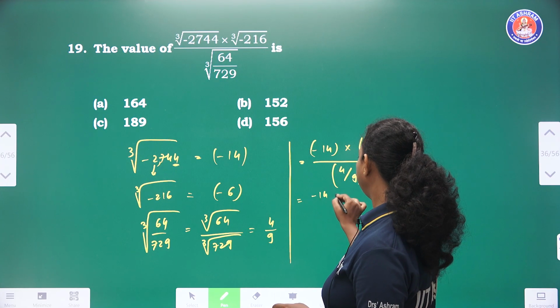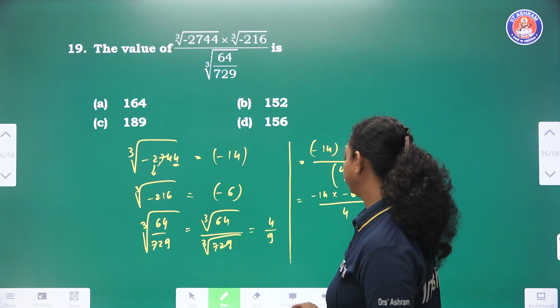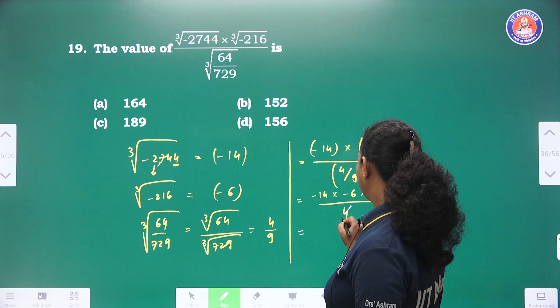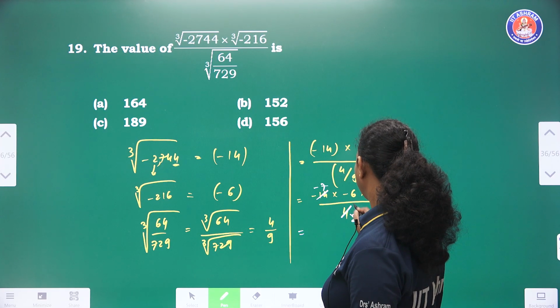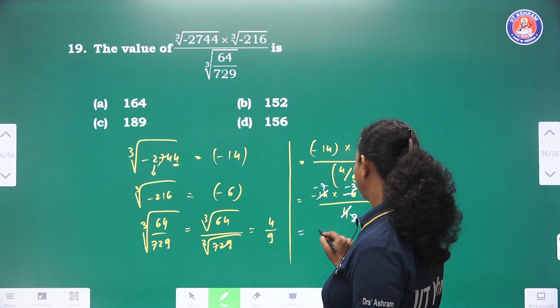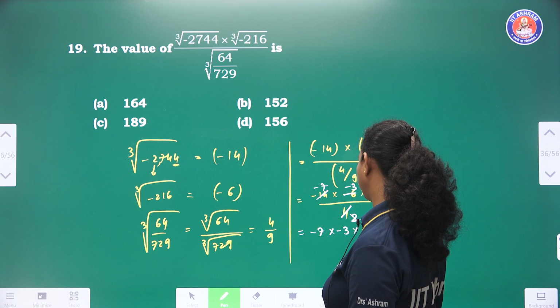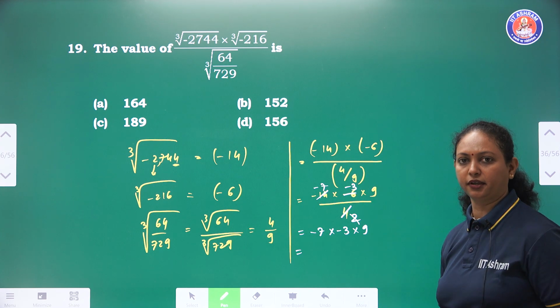So minus 14 into minus 6 into 9 divided by 4. 4 2s are 8, 7 2s are 14; 2 3s are 6. So the answer is minus 7 into minus 3 into 9. But as we know that when two negative integers are multiplied, the product becomes positive.